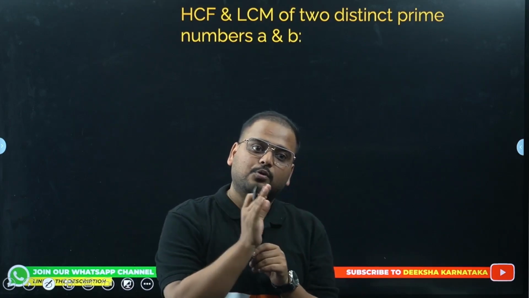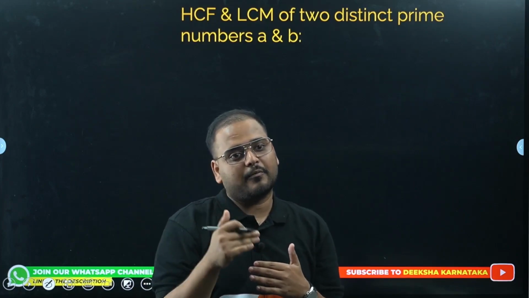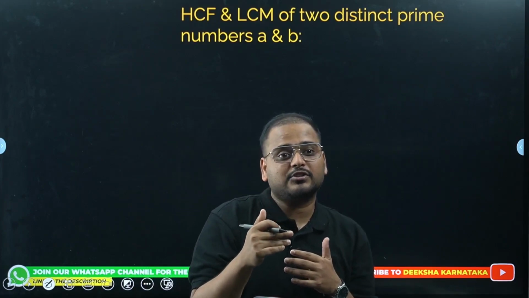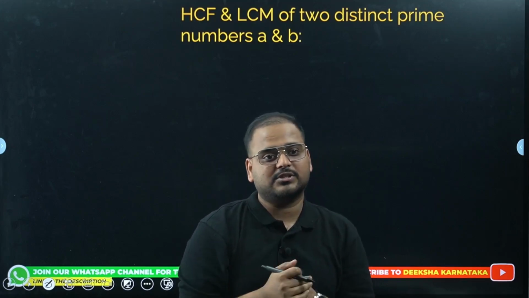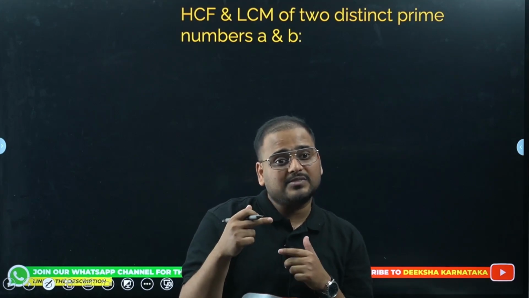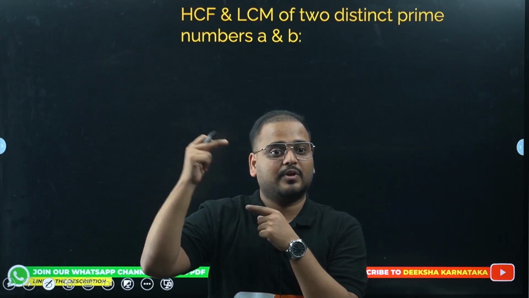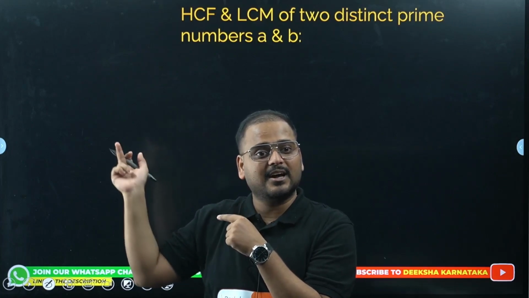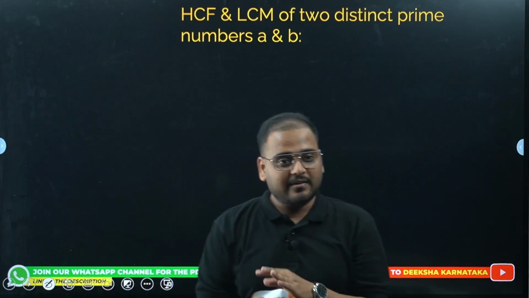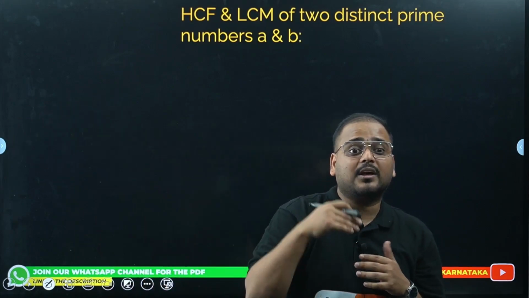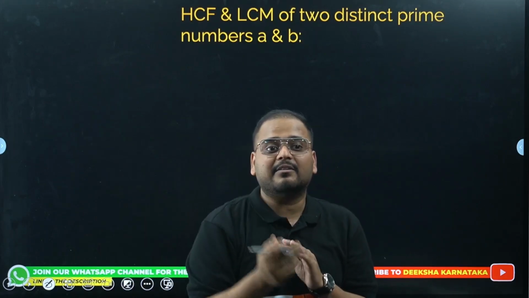For LCM also, do the prime factorization. And from here, we can solve questions based on variables or numbers. How? We compare the exponents. We did it in simplified format: 2 to the power 3, 2 to the power 8, 7. So we can compare the exponents and get our result.